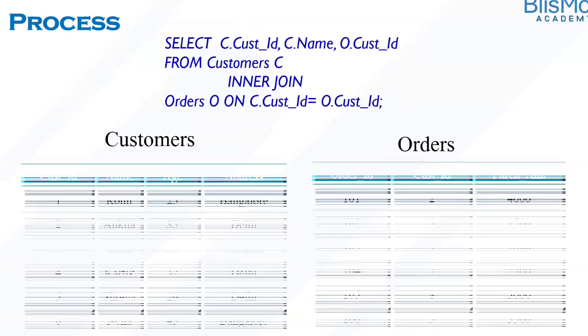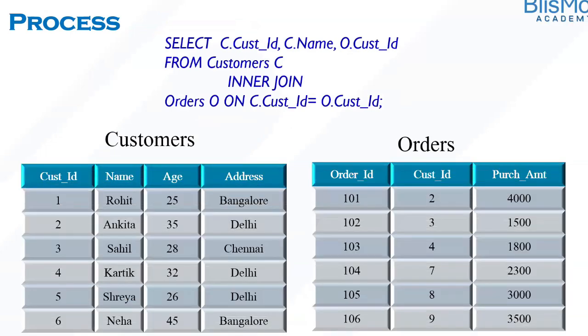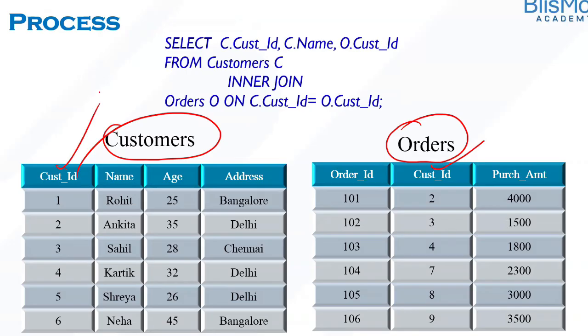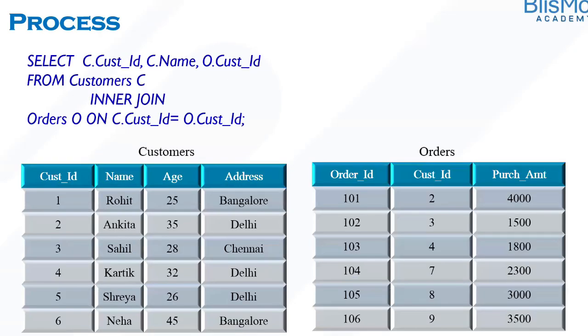Let us understand the process. Let us say you have these two tables, customers and orders. I'll come back to the syntax later. If you have to join customers with orders based on the common field we already said, customer ID, then customer ID is the expression, or the field on which we are joining these two tables.